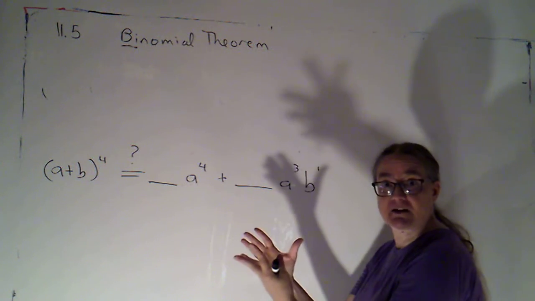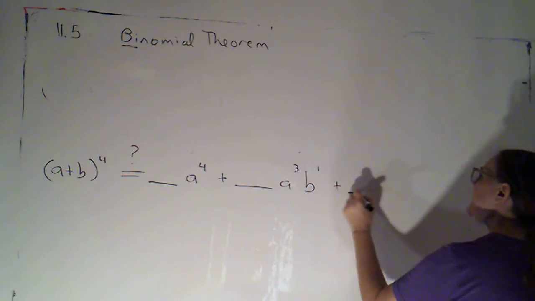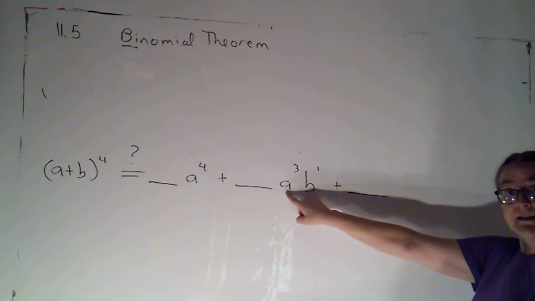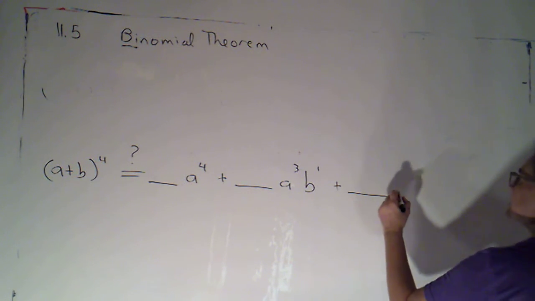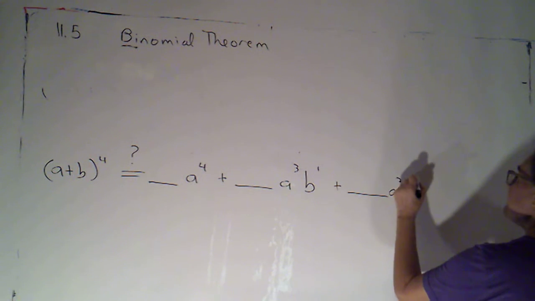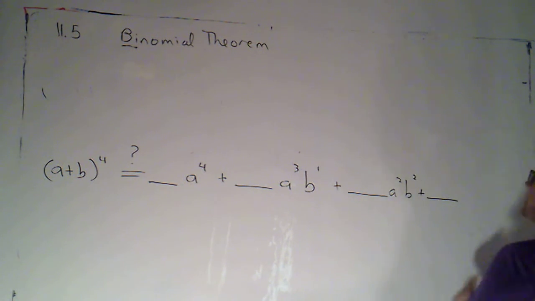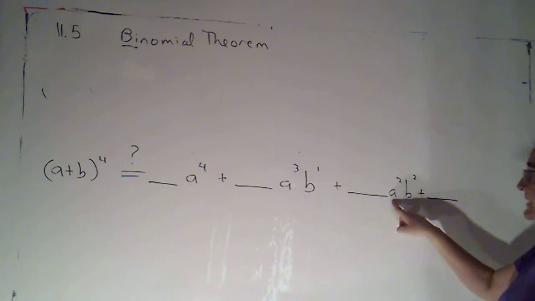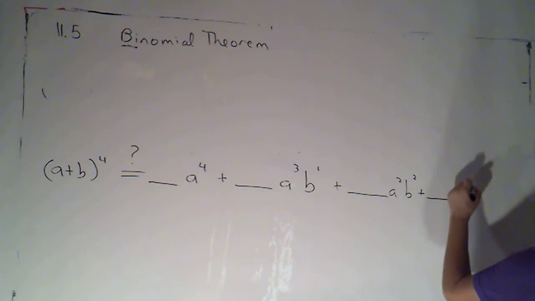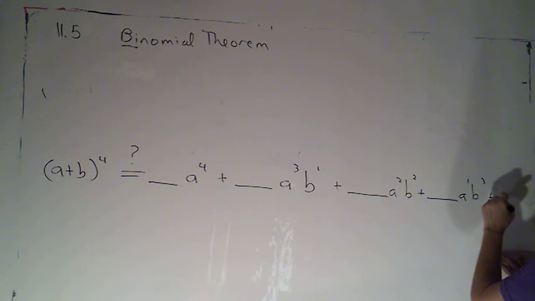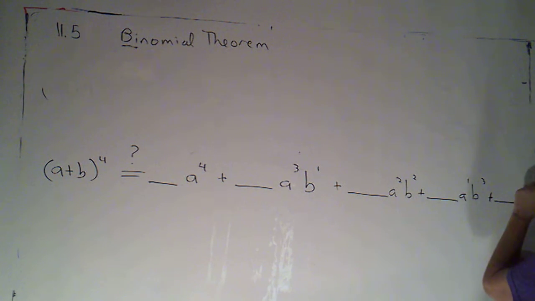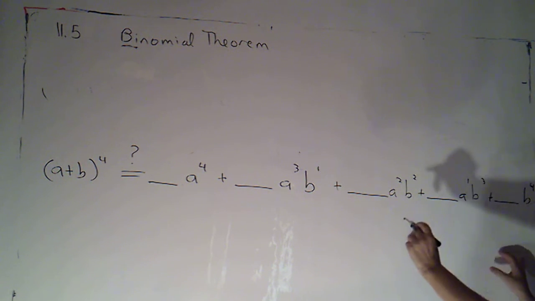I've got 4 factors. I could have some terms where I've got one less A, but then I've got to have one more B because I've always got to have 4 factors. So I could have some A squared B squared, plus some terms where if I had one less A and one more B, it would be A to the first B cubed. And I could have some where I don't have any A's, but it's just a B to the fourth.